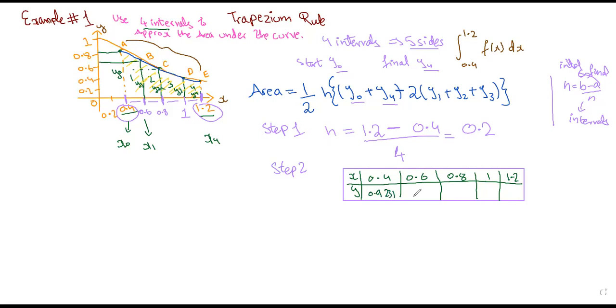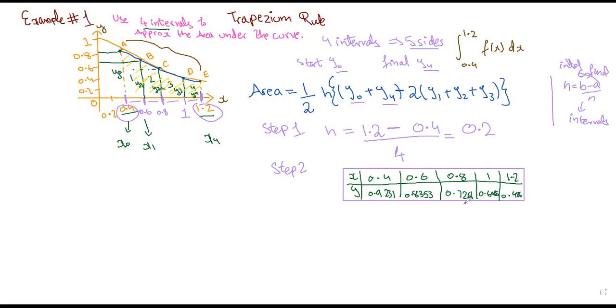0.9231. Then we have 0.8353. Then we have 0.7261. Then we have 0.6065. And finally we have 0.486.